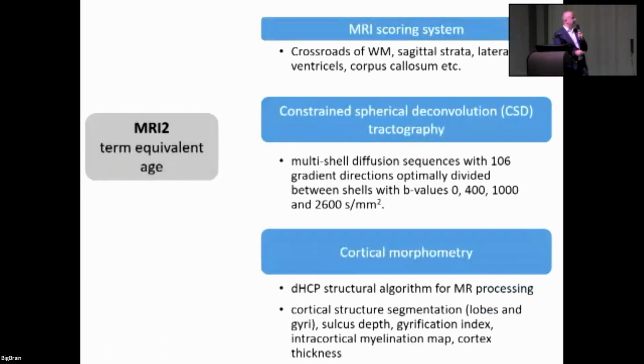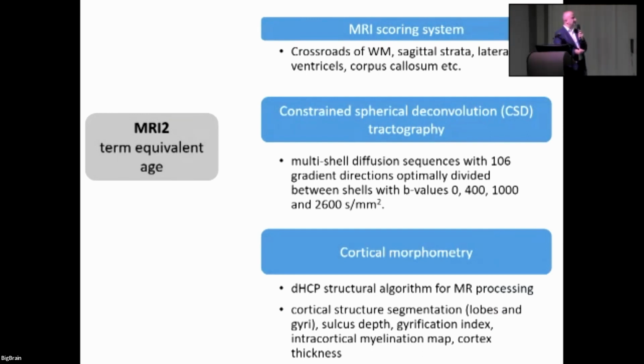By analyzing this term equivalent age MRI examination, we first make an original MRI scoring system, analyzing visibility of some structures like crossroads of white matter, sagittal strata, and so on, and trying to correlate visibility of these structures with clinical outcome.